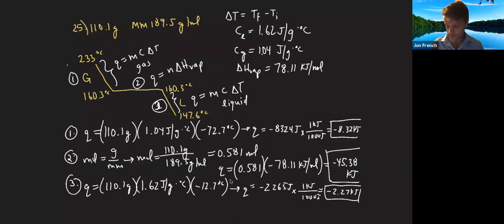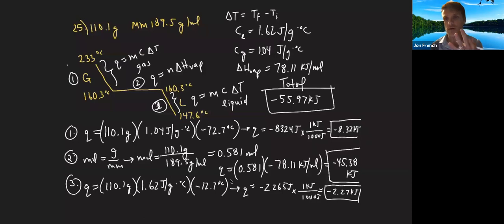So adding all those together, about negative 55.97 kilojoules of energy in total would be released through all three of those steps.